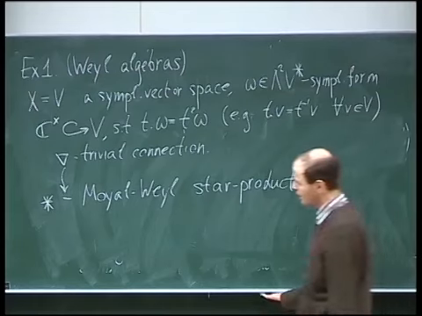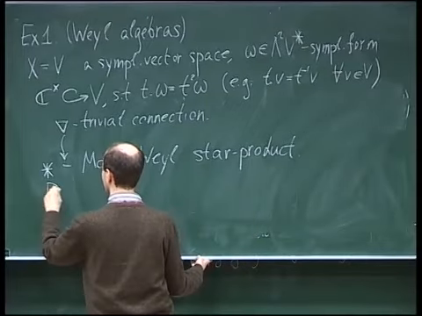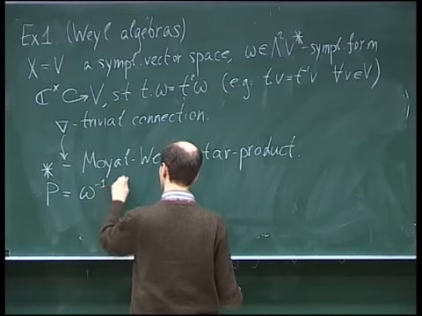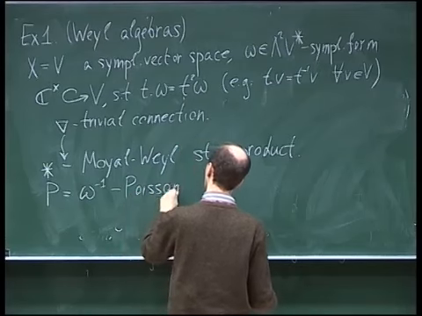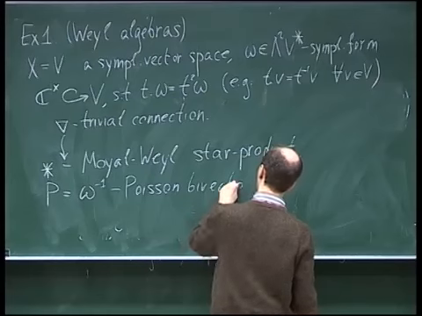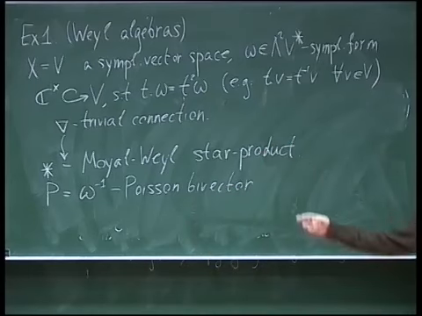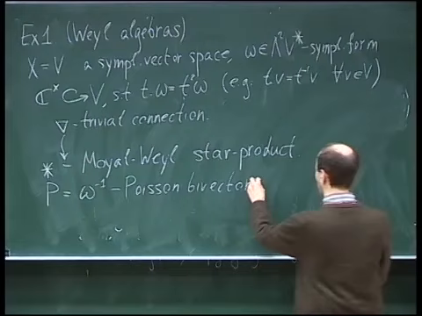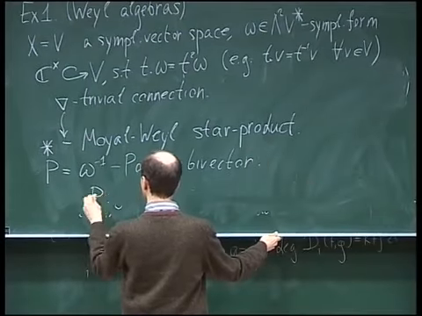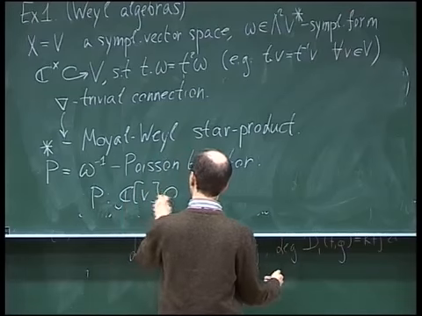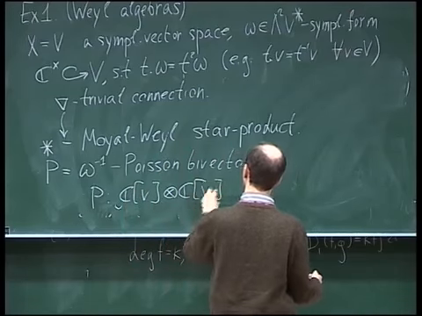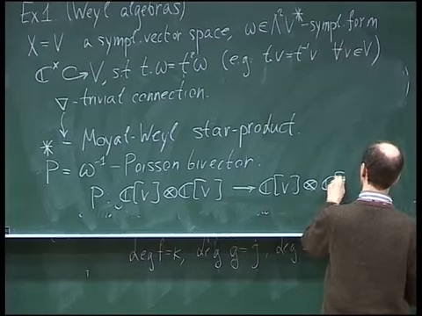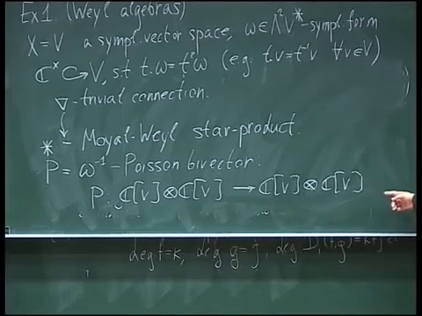Let P, which is usually denoted by omega to the minus 1, be the Poisson bivector. And I can consider this map as a bidifferential operator. This is just contraction.